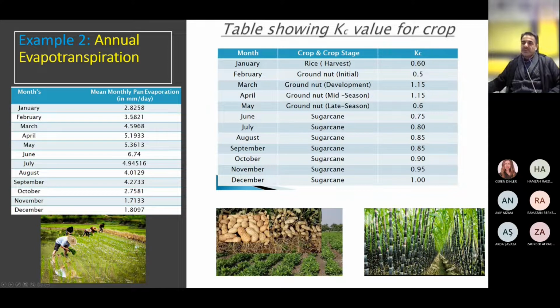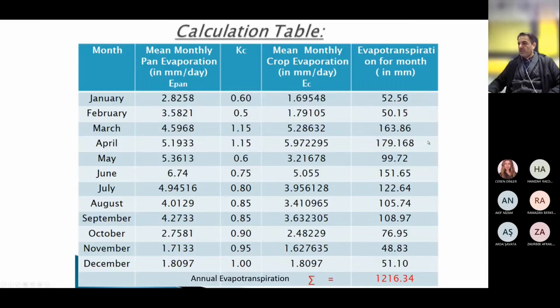The same process is done for the other months, and you can create such a table, okay? For January, from field measurement, we found the average monthly value. These are Kc. And if you multiply these together, it gives you the mean monthly crop evapotranspiration, ETc. Here we showed EC, but it is ETc, crop evapotranspiration.